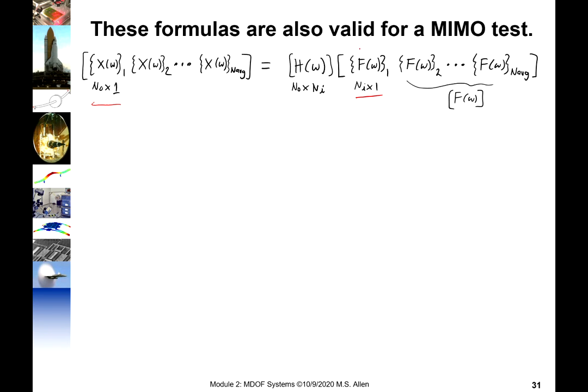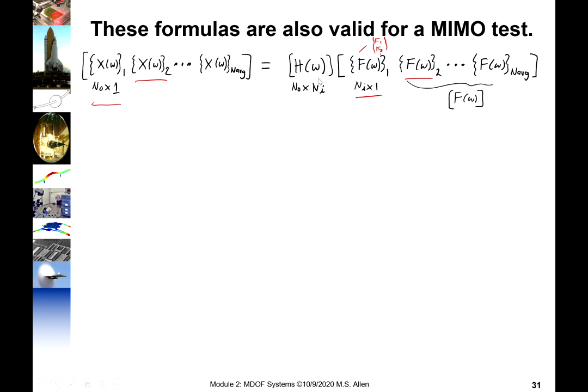Here this is a vector, where we'd have the force at drive point 1, the force at drive point 2, and so on. And we stacked all of those together at the same frequency. And then we'll also recognize that if we do a second test, a second average, and we put it in the second column here, when we do this multiplication, we'll get H times F on this side equal to X2.